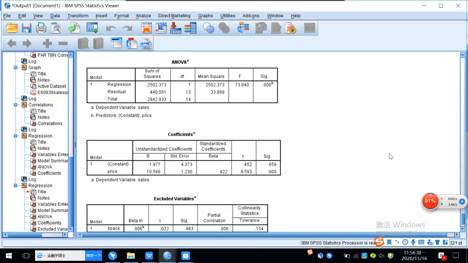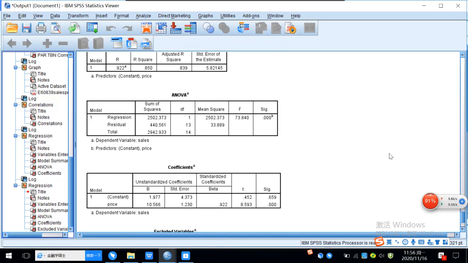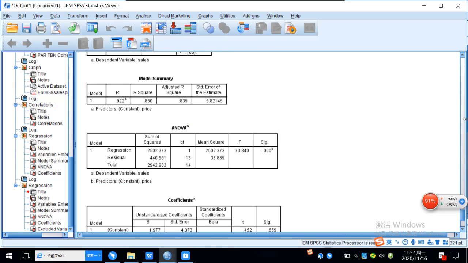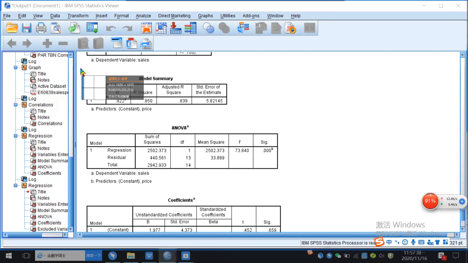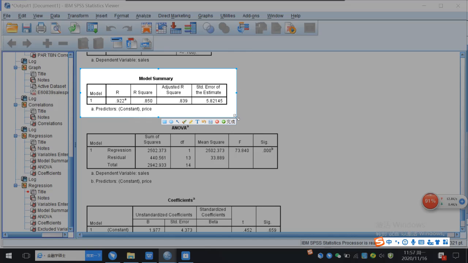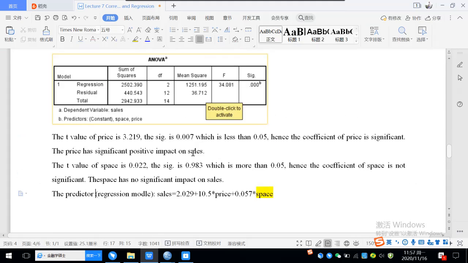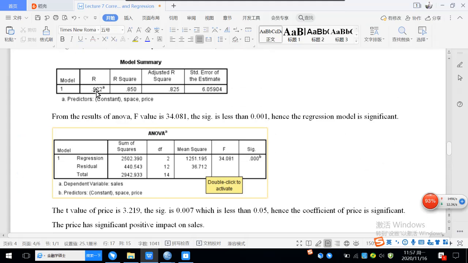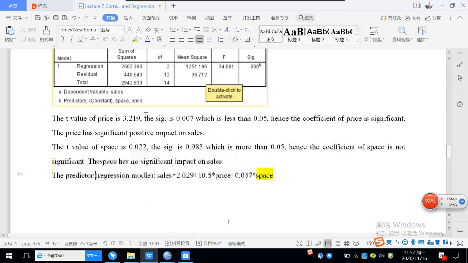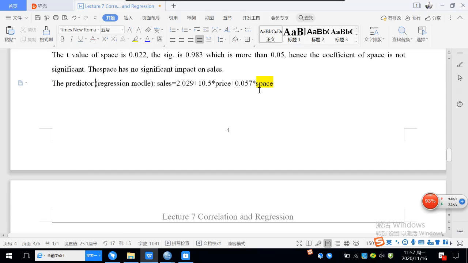When we use stepwise, still the R is 0.922. It's not decrease. Why?